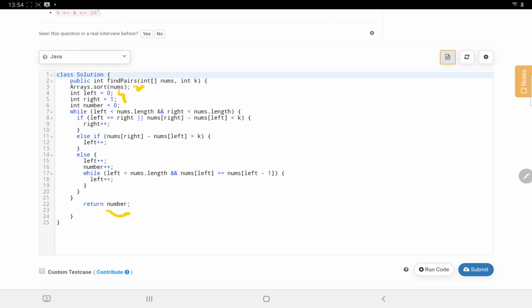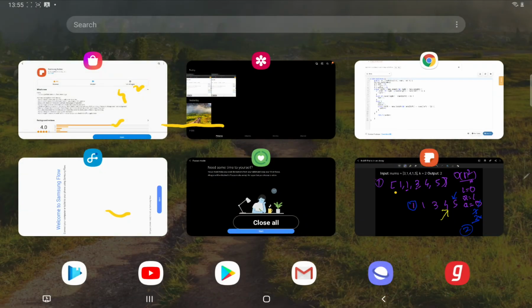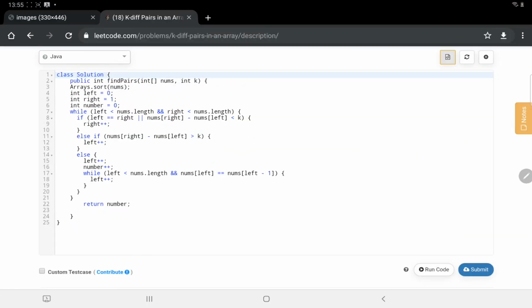So now what we are checking here at first: whenever my left and right pointer are pointing to the same index, then we can increment the right. Another is if I see that my difference is less than k, then also I will increment my right. And what else? If I see that it's greater than k, then we can increment our left.